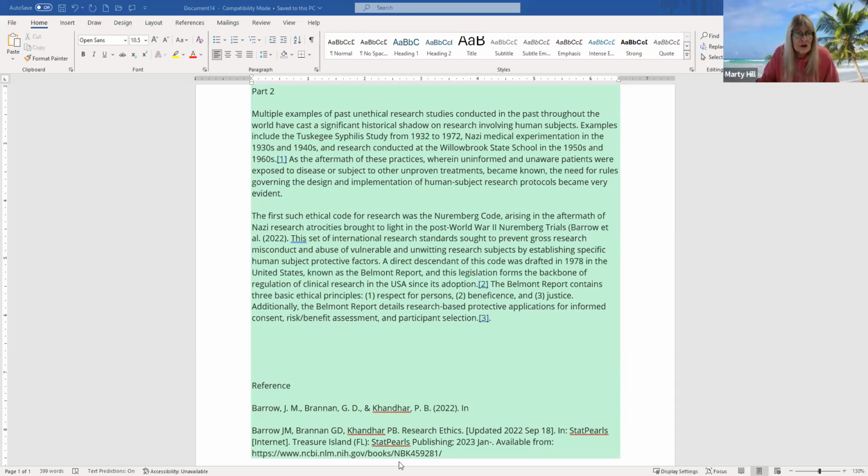And I would assume that each chapter has a different author, which it does. So StatPearls is an edited book, which means that each chapter has different authors. So what we need to do is find the page numbers of the book, of where your information came from. Does that make sense? Yeah.